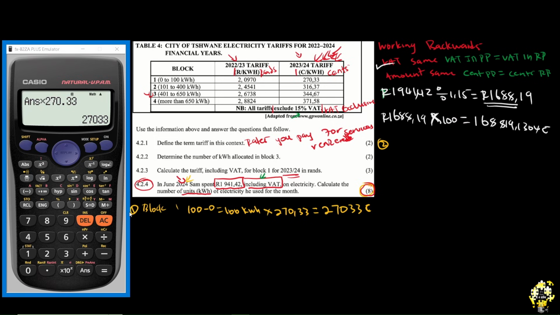So here, I'm going to come here and say 168,819.1304 minus 27,033. What do I get? Let me put it here.